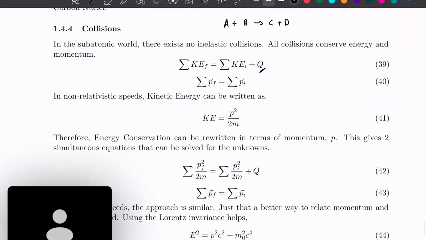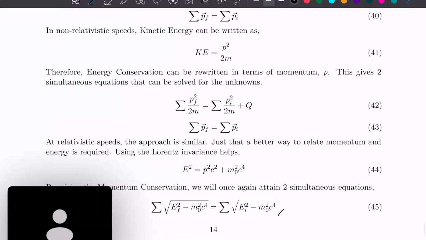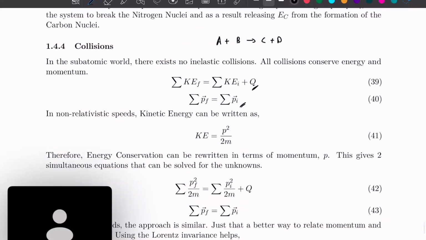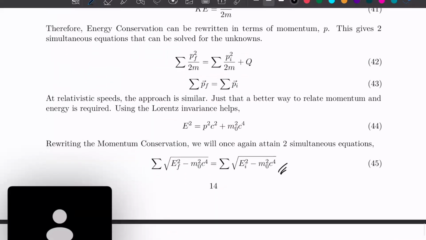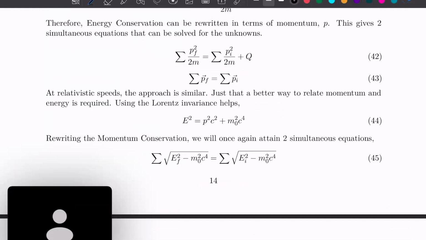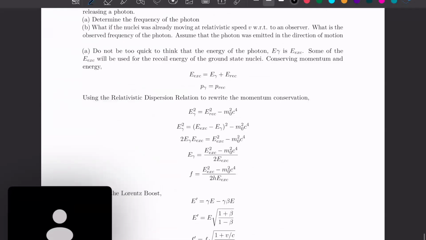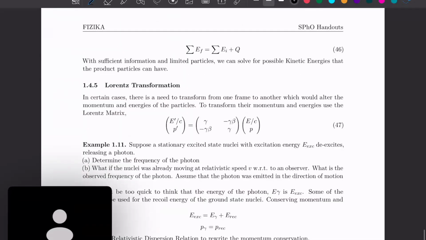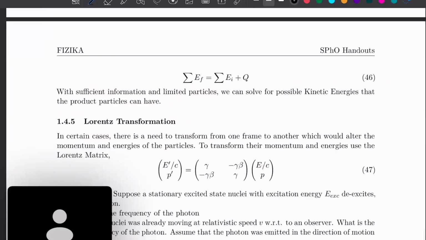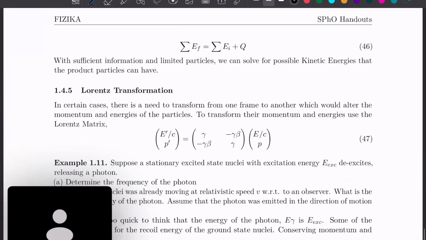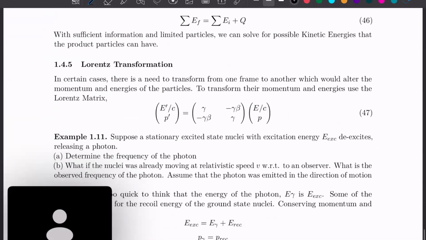This is a relativistic form. This one is the classical form. I can elaborate if you guys are confused about that. I guess I can just briefly talk because you should have just learned about relativity last week.